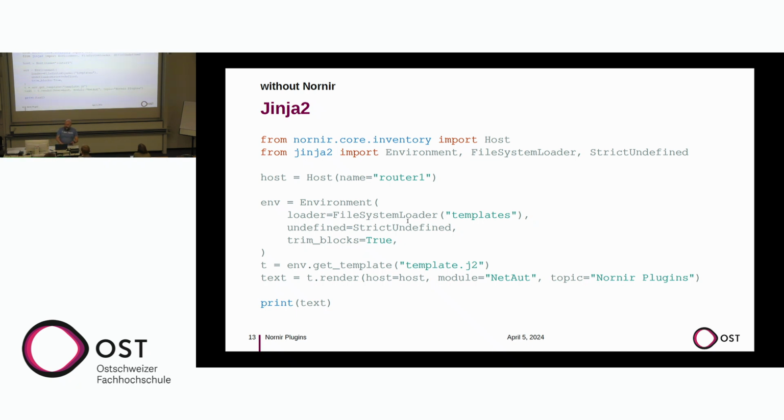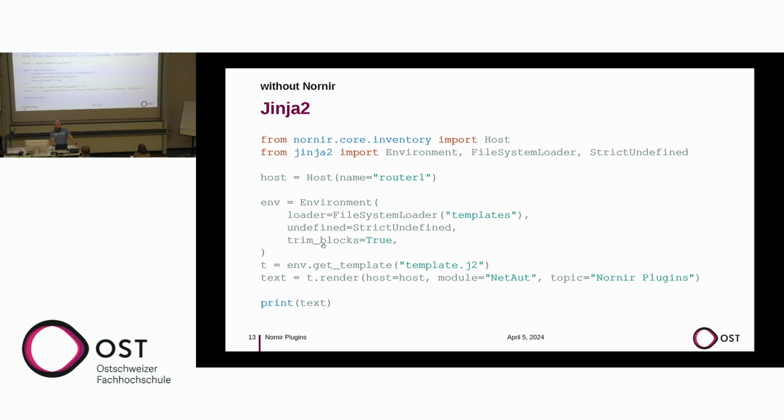So everything in the directory templates will be used for lookup of templates. In this directory templates, there is a template.j2, and with this Jinja 2 environment, we can define the loader and all the stuff.